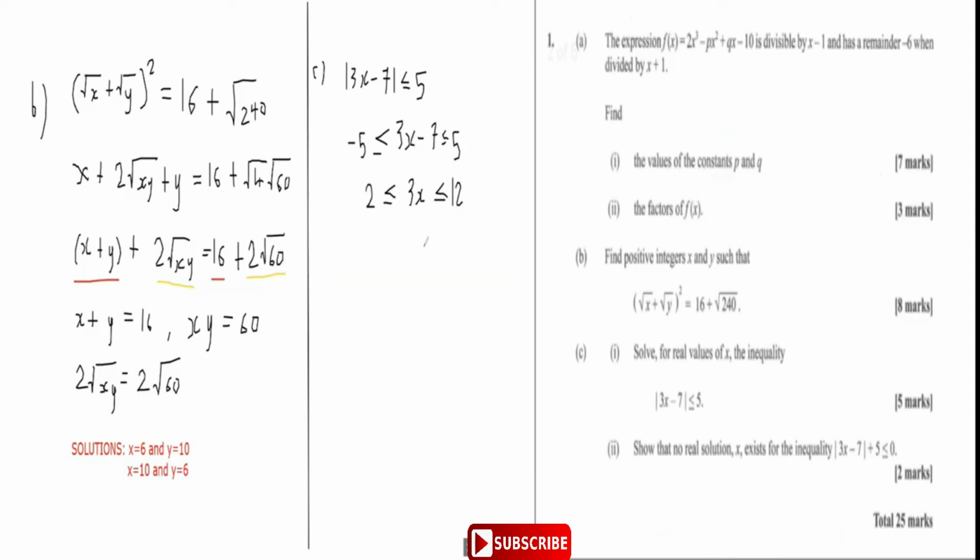Then you divide through by 3 to get that x is going to be less than or equal to 4, but greater than or equal to 2 divided by 3. All right, so that is the solution for this question. Nice. So that's that.